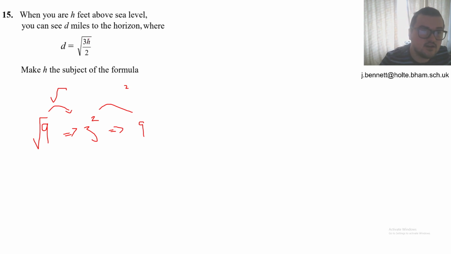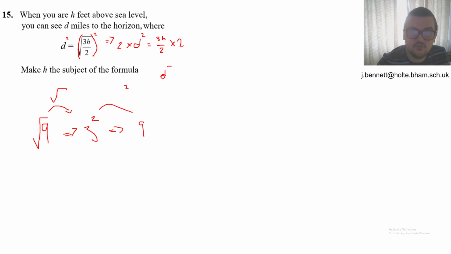So with this, we're looking for h, so we're going to square both sides. Squaring a square root cancels itself out. So we get that d squared equals 3h over 2. Next thing we're going to do, multiply both sides by 2 to get rid of that bottom number.